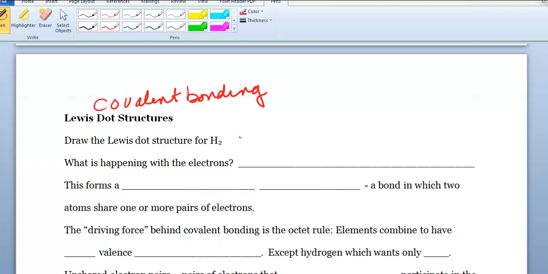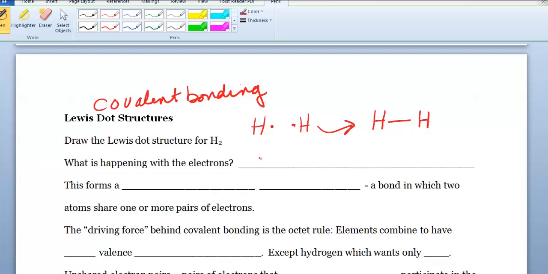So we're going to draw the Lewis dot structure for H2. And hydrogen, one valence electron, another hydrogen, valence electron. And when they form a bond in between them, we indicate that with a solid line.